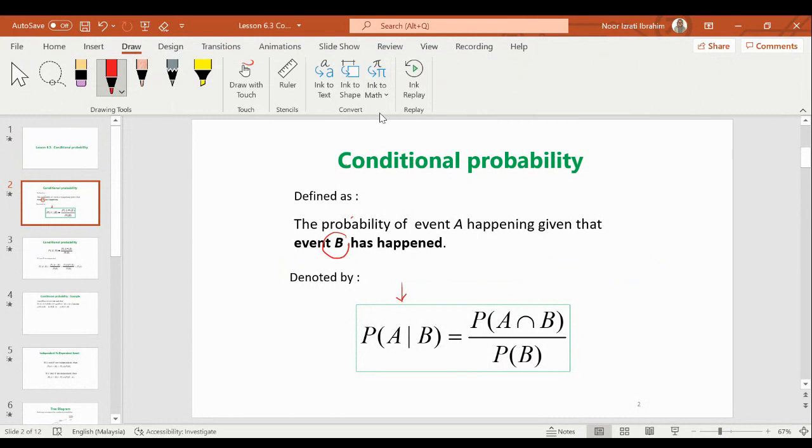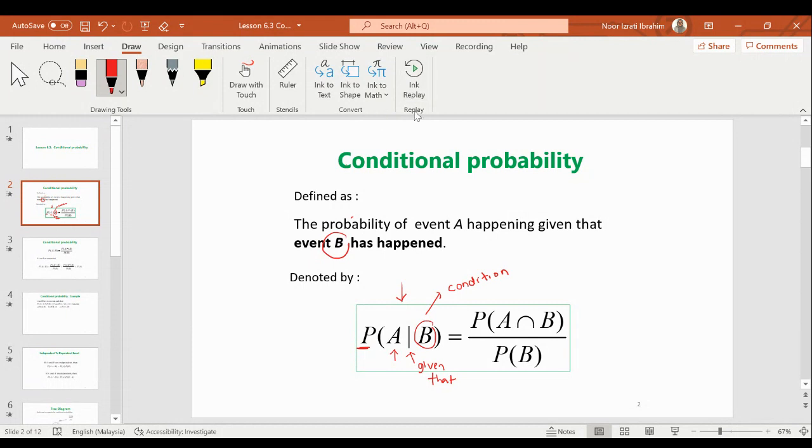How do we read this? It is the probability of event A happening, the straight line means given that, event B must happen first. So B is the event known as the condition, and B must happen first in order for event A to happen.